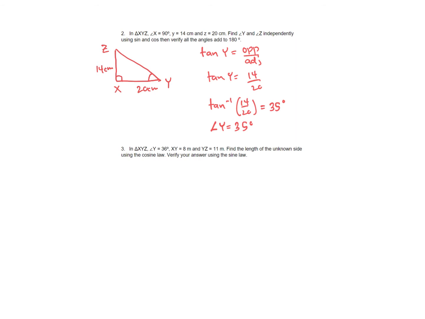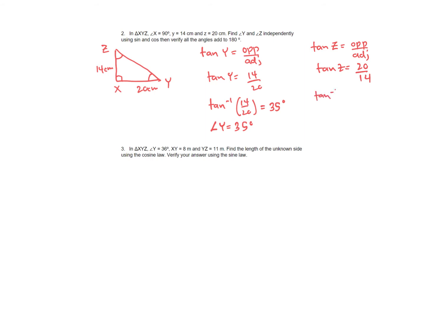If I want to find angle z, again, we have opposite and adjacent. They're just in a different order. So tan of z, we'll use the opposite side over the adjacent side. In this case, opposite would be the 20, and the adjacent would be the 14.